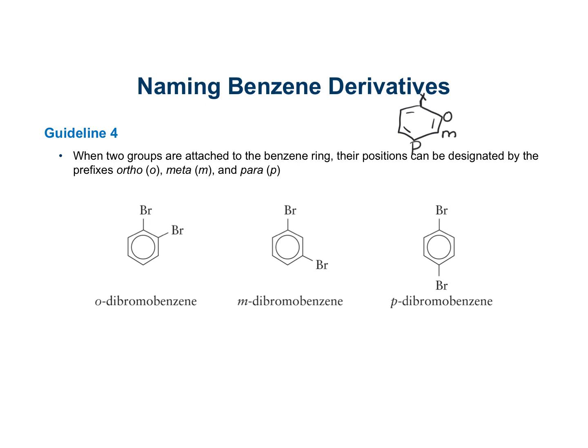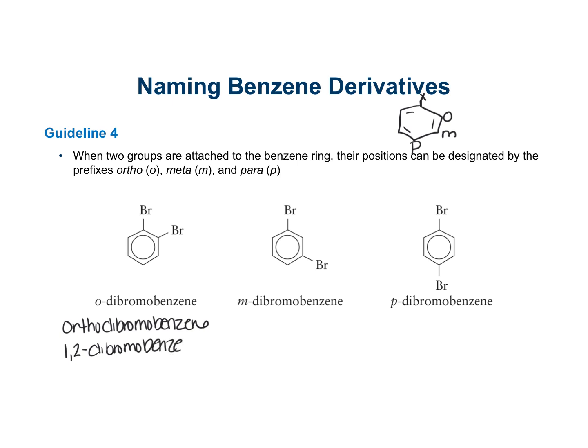And so if it's right next to what's attached to the top, it gets the O prefix. And this can be shown a couple different ways. It can be drawn as O-dibromobenzene or ortho-dibromobenzene or 1,2-dibromo.